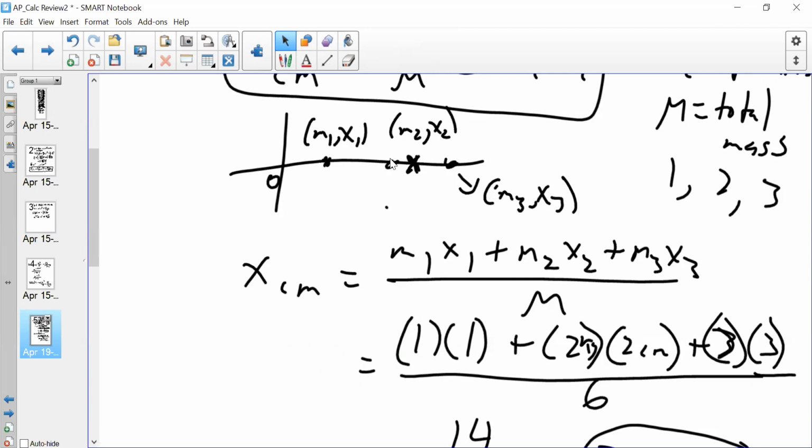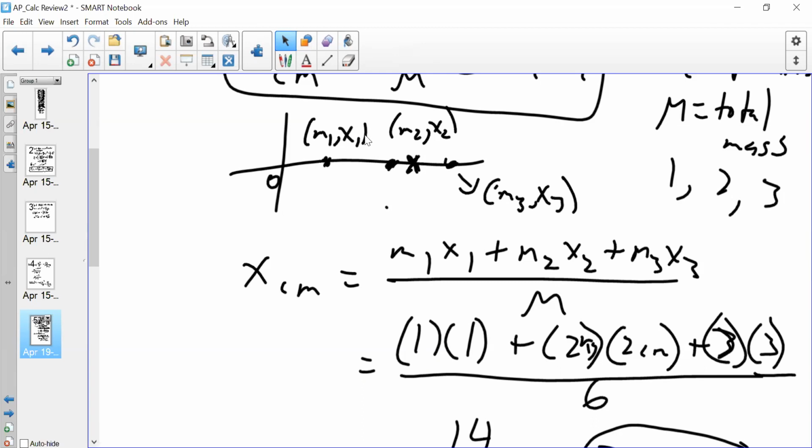So for example, if I want to find the center of mass of the system, and I use this as my reference point, well, then this is going to be the same, because this is going to be 1 meter away from here. If this is my starting point, the second mass is going to be 1 over here, and then this position will be 1 to the right. So it's still a positive position, even though it's left.